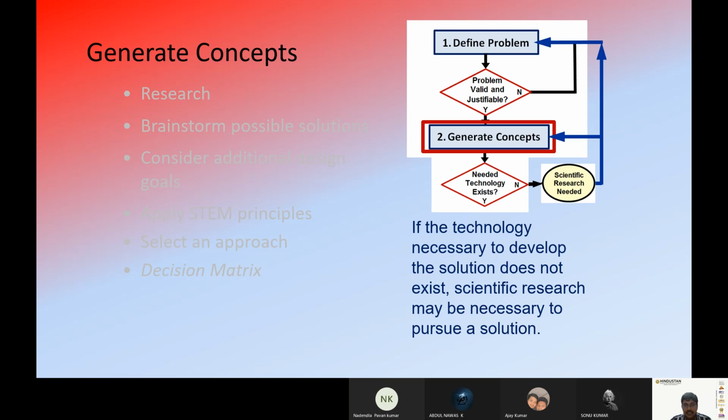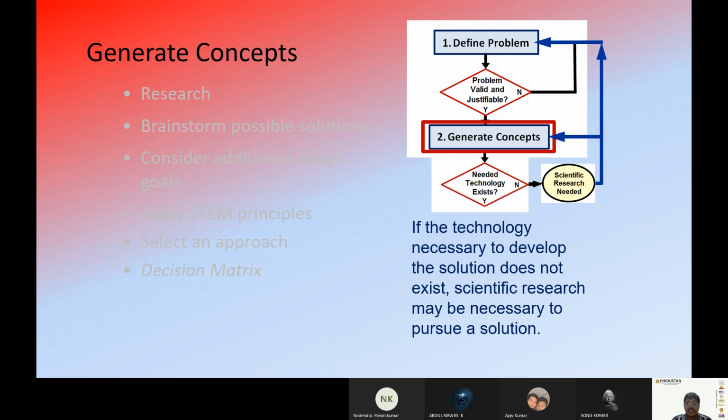We will see more in the next session. Once again, I want to summarize what we discussed in this session. We saw the definition of the problem at a glance, and we discussed generating concepts, especially the comprehensive research, brainstorming solutions, the additional goals we need to consider, and applying principles from science, technology, engineering, and mathematics. You select an approach, make a decision matrix, and come to the conclusion.